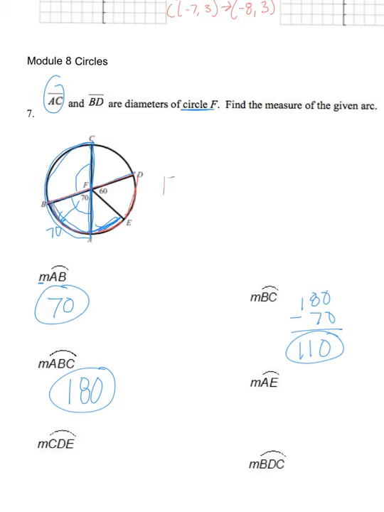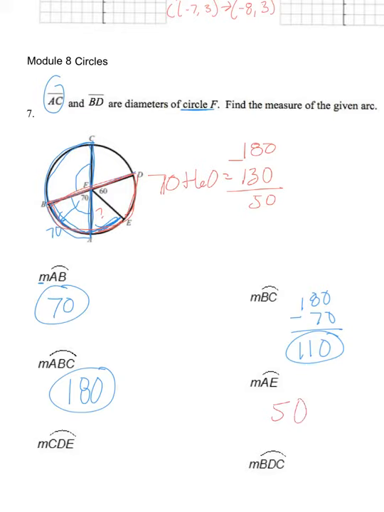Well, 70 and 60 is 130. And so if I add that little piece that I'm missing in there to make a 180, which it does, pretty much just subtract it from 180 to figure out the piece I'm missing, which you should know is 50. So AE is 50.